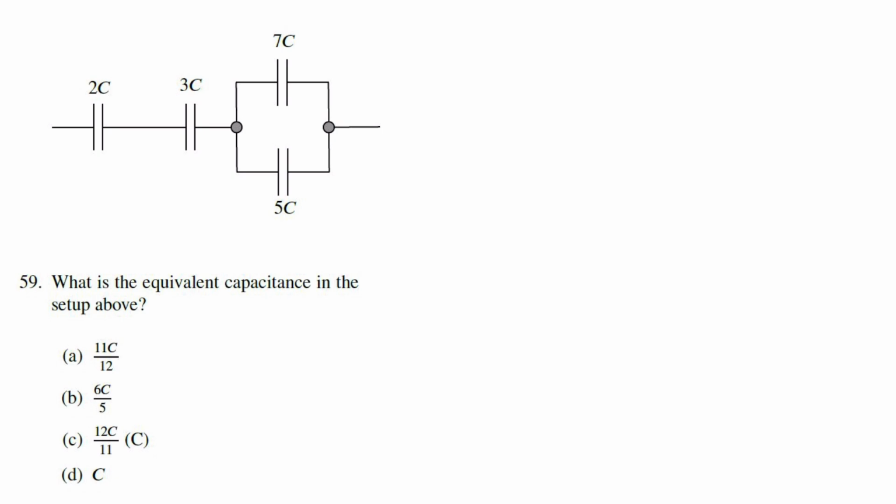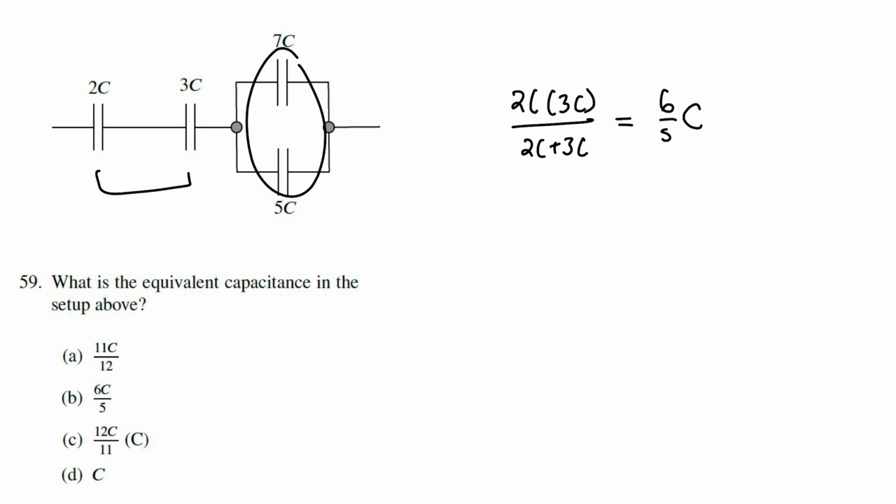So for these two in series, their equivalent capacitance would be 2C times 3C over 2C plus 3C, which would be equal to 6 by 5C. And then for these two over here, it would be 12C. These two are in parallel with these two.